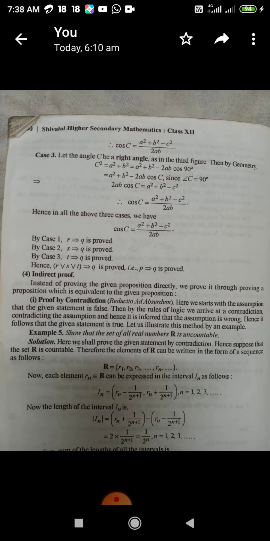Next, cos C is equal to a square plus b square minus c square upon 2ab.